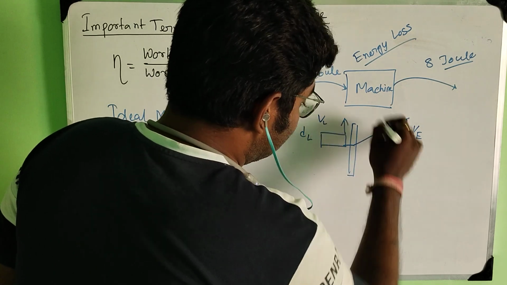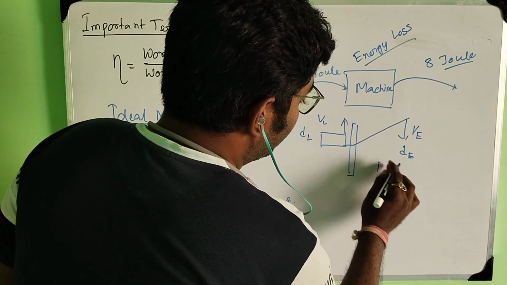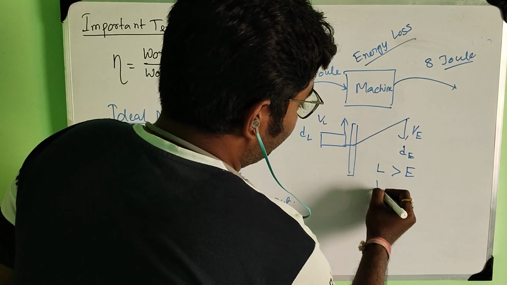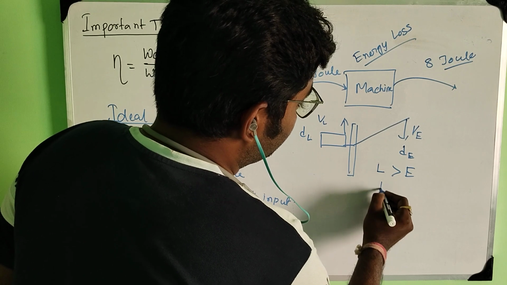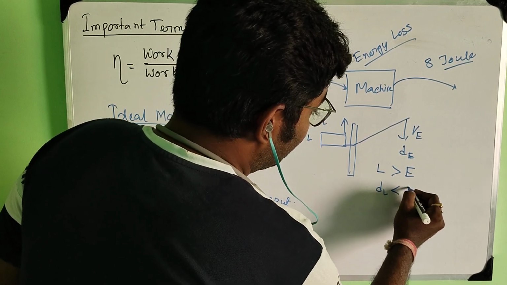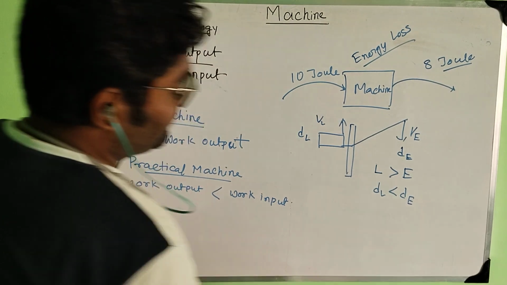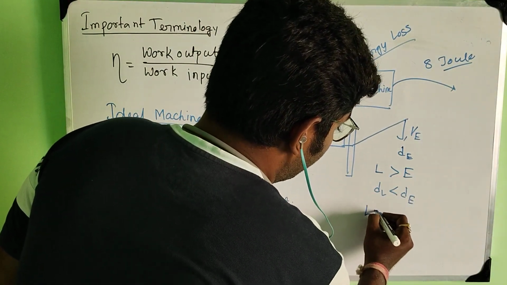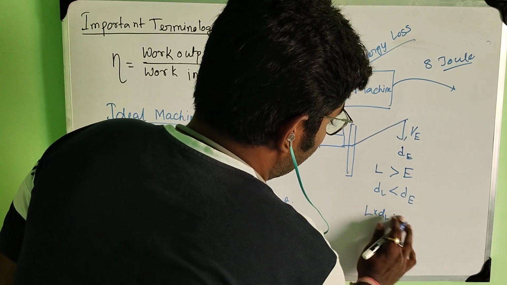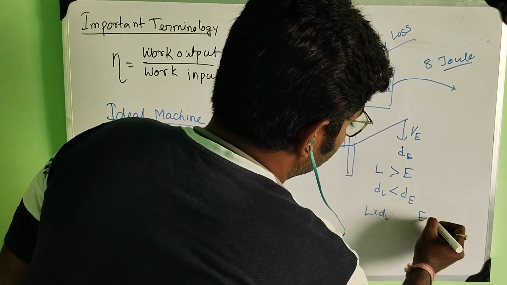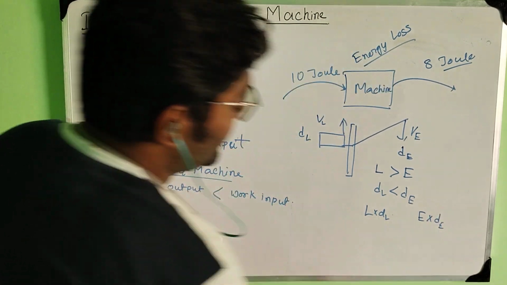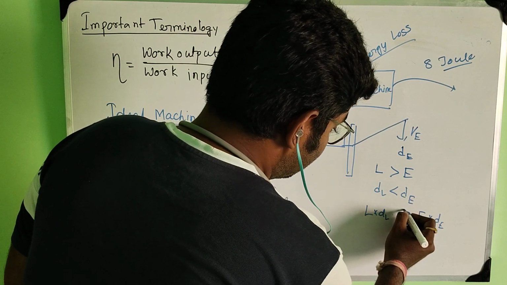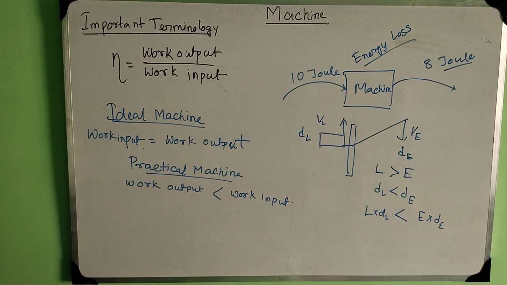Now in this jack screw, though the load is greater than the effort, the displacement of the load is less than the displacement of the effort. Now you will see, if you multiply load into displacement of the load, and effort into displacement of the effort, this product is always less.